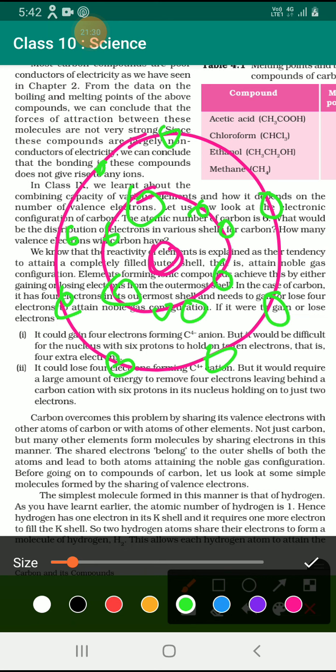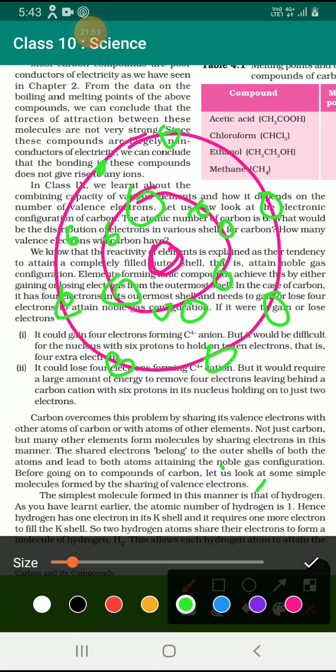I told you mono means 1, di means 2, tri means 3, tetra means 4, penta means 5, hexa means 6, hepta means 7, octa means 8, nano means 9, deca means 10. Okay, so the octet arrangement is usually found in noble gases. Why are these called noble gases?